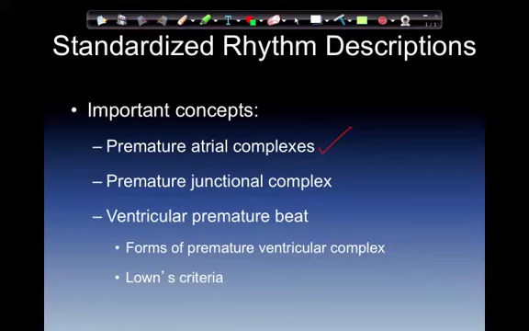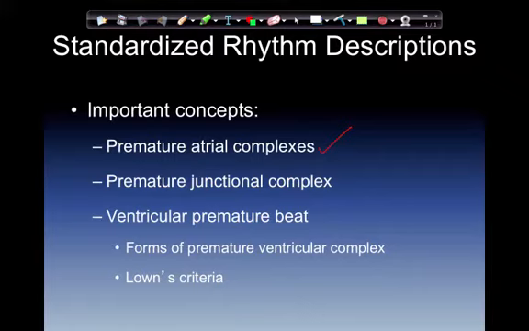A premature junctional complex, very simply, is a junctional complex, no P wave or inverted P wave, that originates prematurely. And that would mean without a P wave. Ventricular premature beats, forms of ventricular premature complexes: they can be unifocal PVCs, they can be multifocal PVCs, or they can run in salvos.